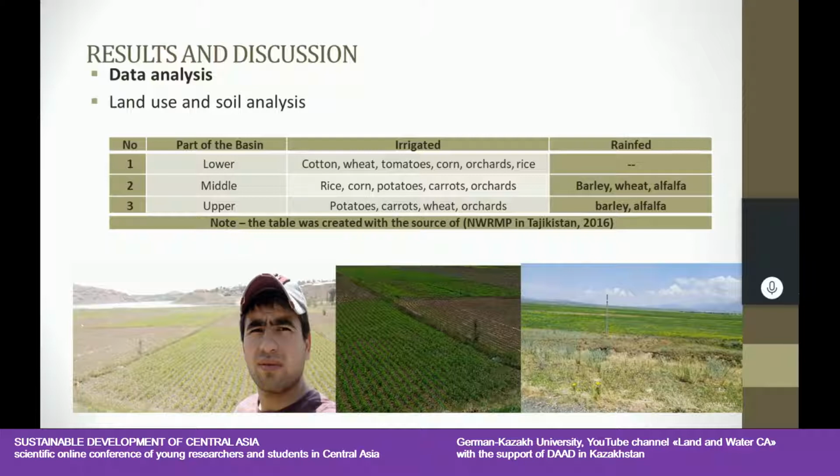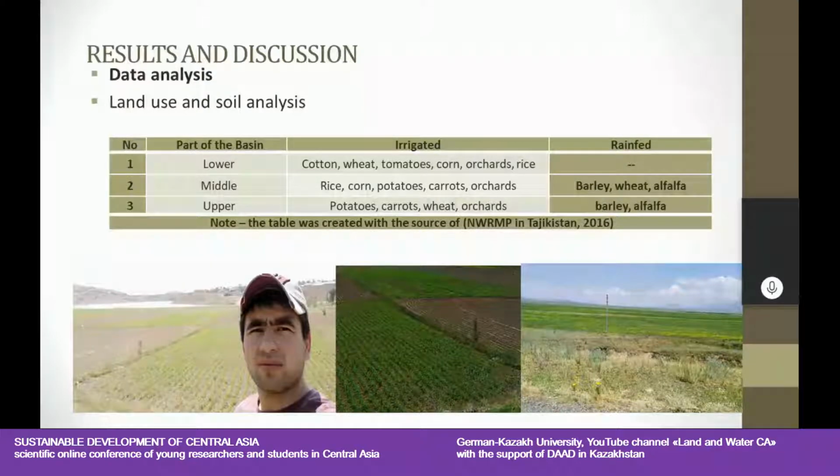In this analysis section, I have found, according to climate zones, the products which are grown in such parts of the basin as lower, middle, and upper.